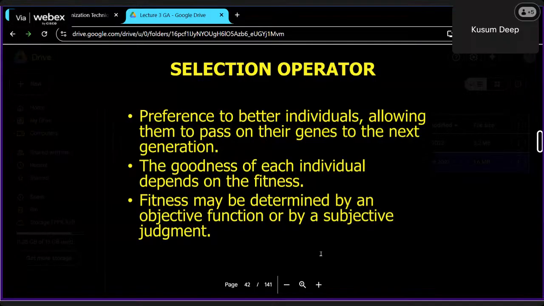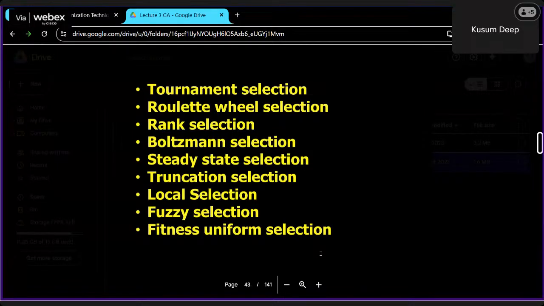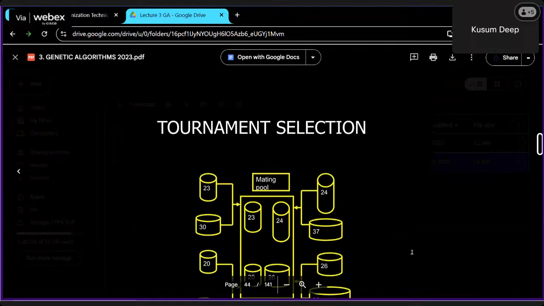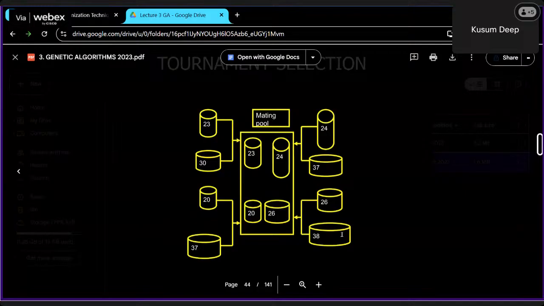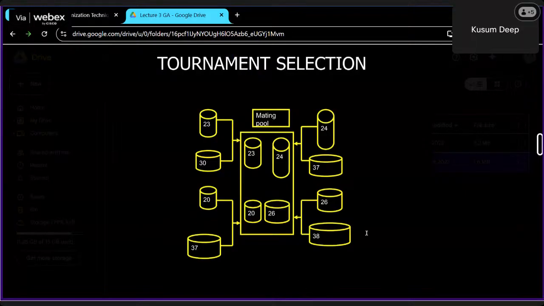Selection operator is an operator which gives preference to those individuals which have higher fitness. We looked at various kinds of selection operators, and I touched upon the most popular one, that is the tournament selection, where a tournament is played between a pair of chromosomes and the one which is fitter goes to the mating pool.